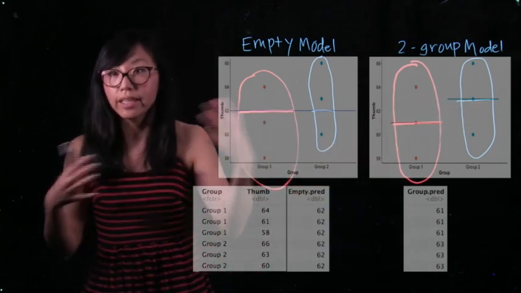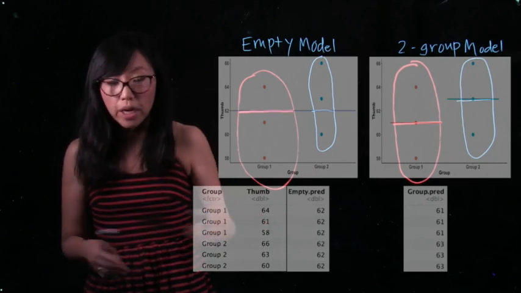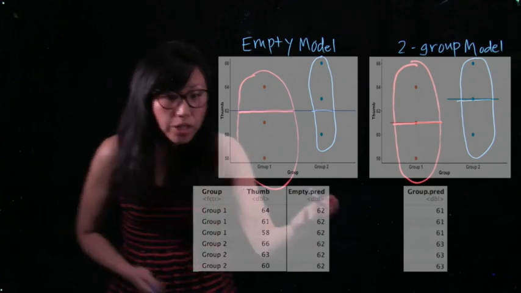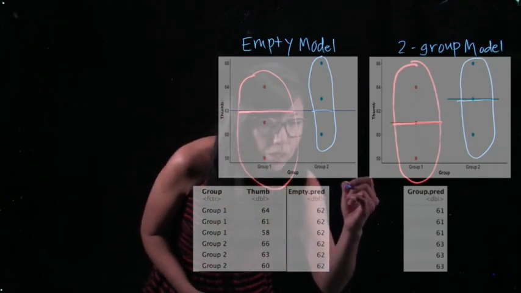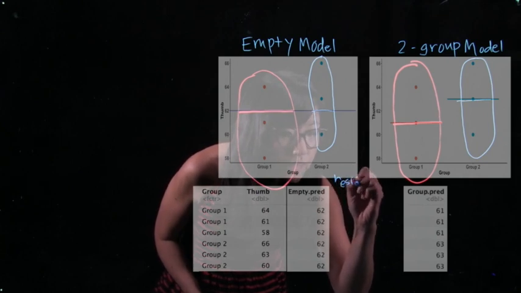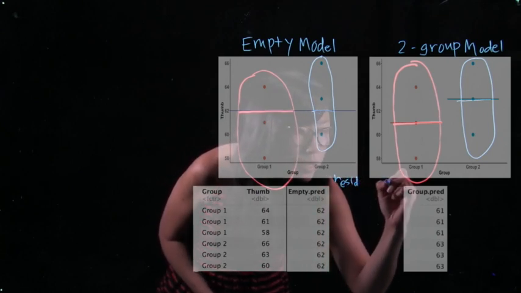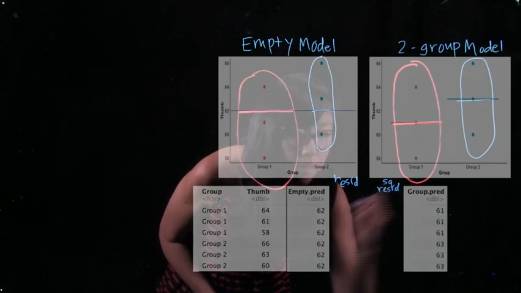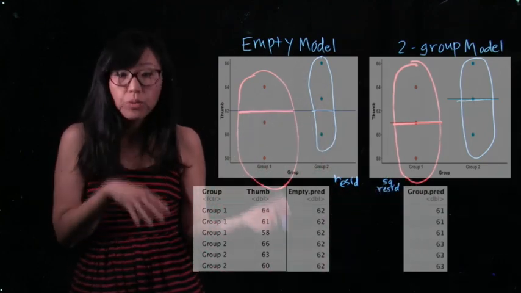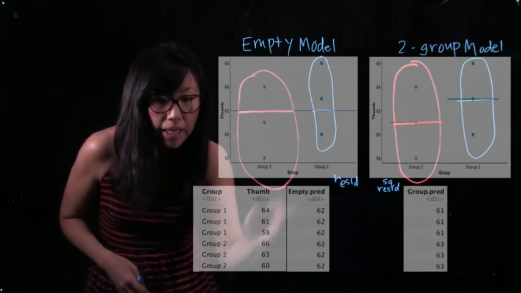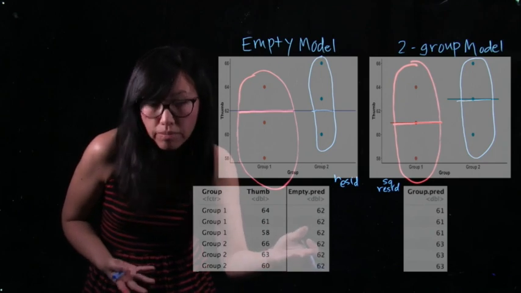And we could also look at the sum of squares from the group model. So let's get the squared residuals from the empty model. Here I put the predictions, but I'm going to do a little bit of subtraction to get the residuals, and then make some space to square those residuals. To get the error or the residual, we always want to do data minus model. So here's our data, thumb, minus the model, 62, the empty model.